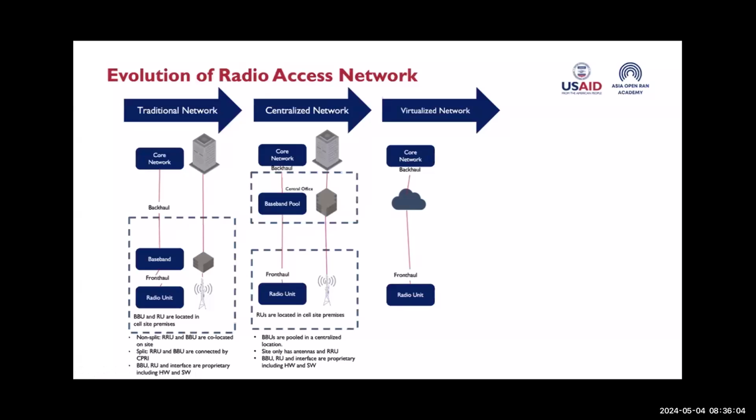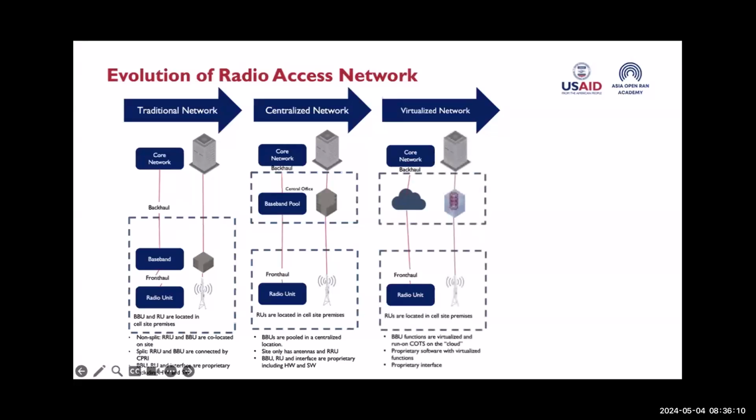But in the virtualized RAN, the baseband pool still has baseband, but it becomes virtualized, meaning operators can use a commercial off-the-shelf server like the one that you can buy from Dell or HP, a high-performance server, and then you virtualize the functionality of the system.